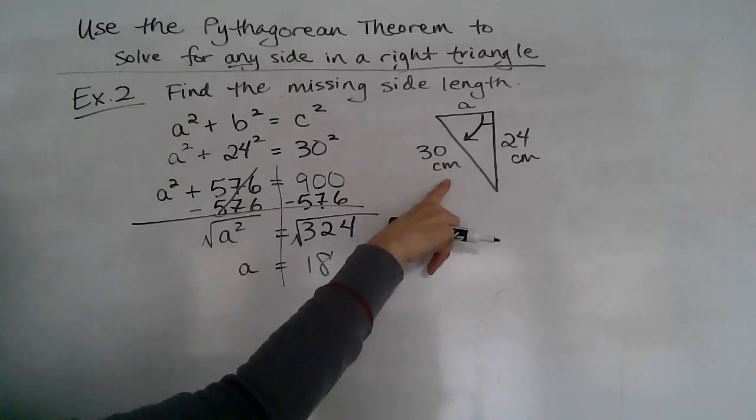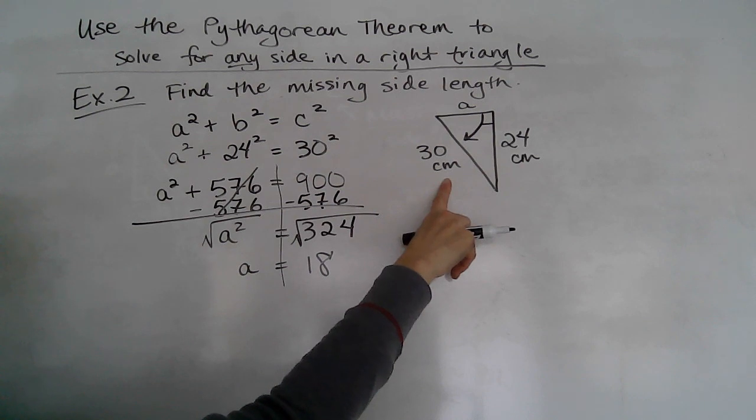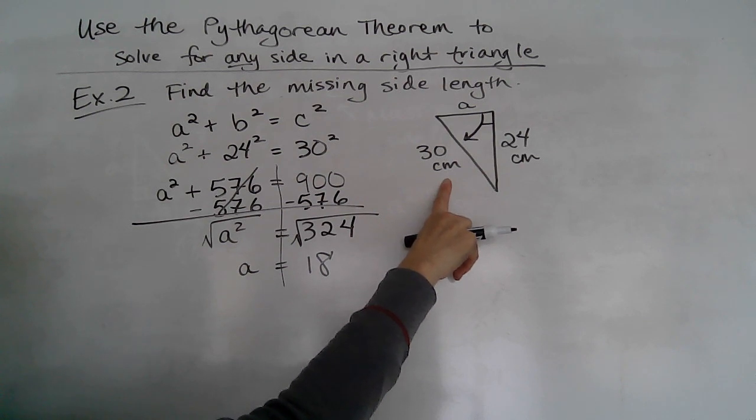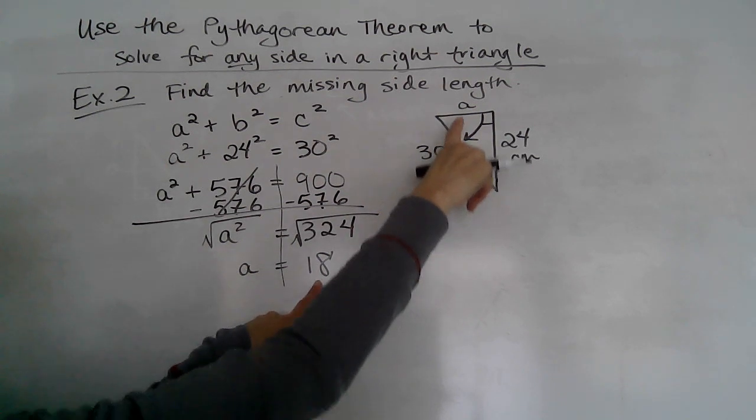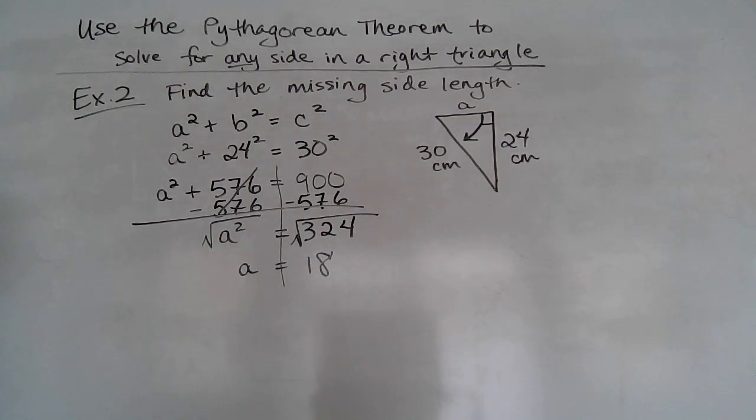So we need to make sure that 30 is our largest value because it's side length C, and C must be the longest side. And if we have A as 18, B as 24, 30 would be the longest side. So our answer is reasonable. It makes sense. So we can know that at least our answer is reasonable and, as always, hopefully accurate.